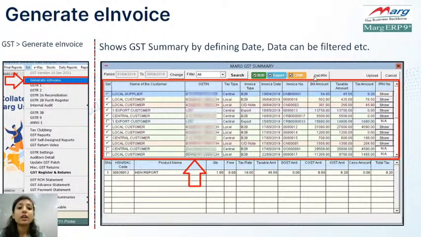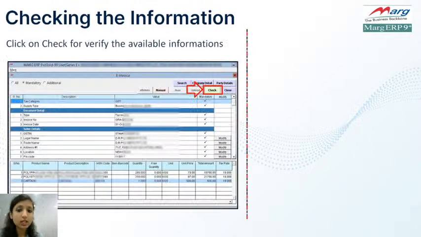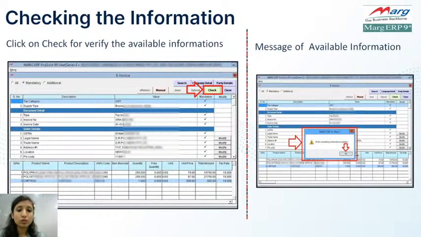And then if you need to check whether these invoices contain all the necessary information for electronic registration, you can simply click on check. If all the mandatory details are available in the invoices, then the software will show you this confirmation that all the details are available.